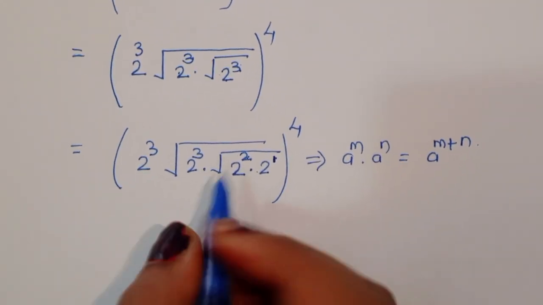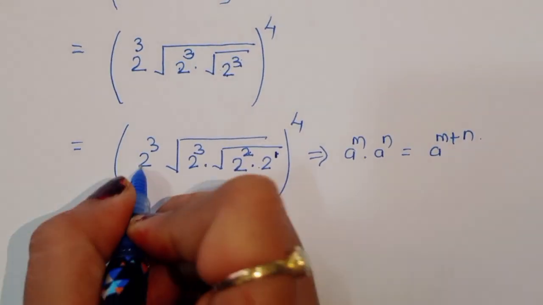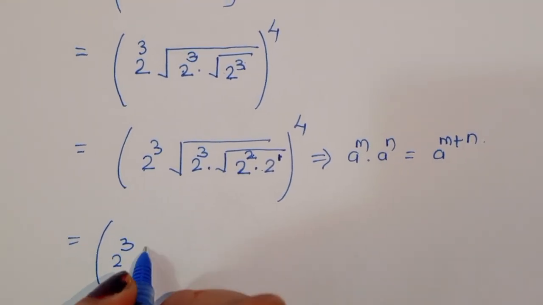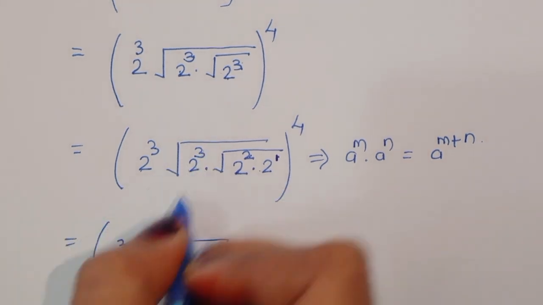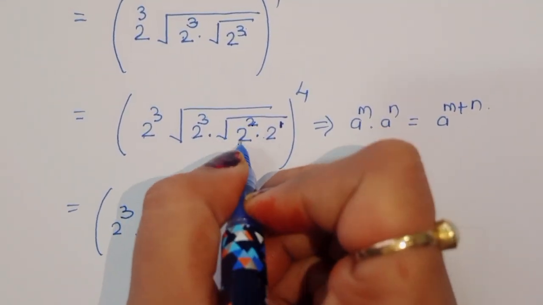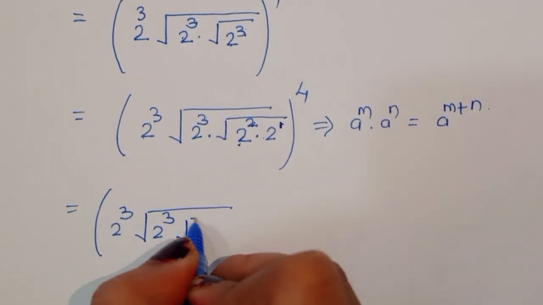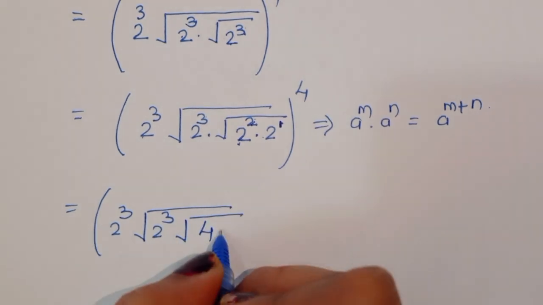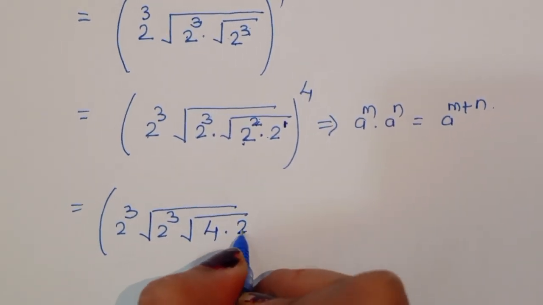In the next term, we can write here 2 power 3, right? Next term, square root 2 power 3. Now 2 power 2, if we separate it, 2 power 2 means 4. In simple language, 4 times 2, right?